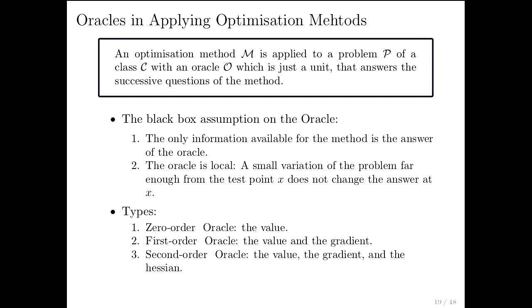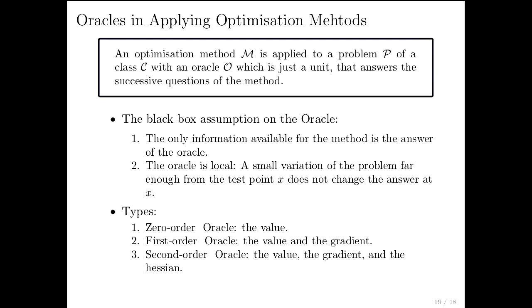We have two assumptions on these oracles throughout the semester. One is what we call the black box assumption. What it really means is this: the only information available to the method comes out of the oracle. So the oracle provides all the information that the method can use. And then the oracle is local.